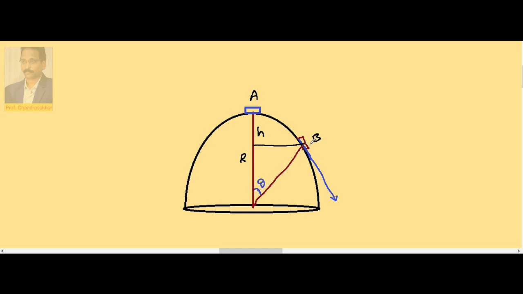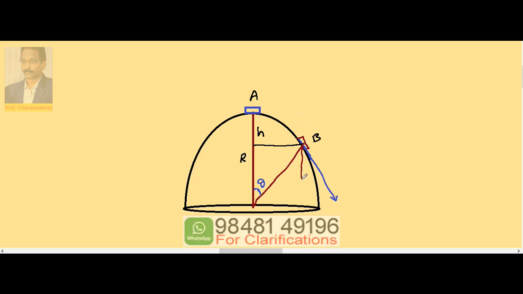On the body the weight acts vertically down, which is mg. If this angle is theta, this is going to be theta again. Resolve mg into components. This component becomes mg cos theta, and this component is mg sin theta. So mg sin theta is responsible to pull the body down.